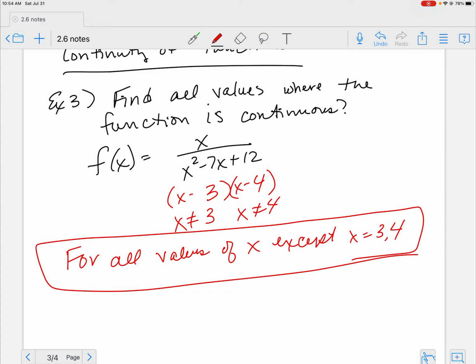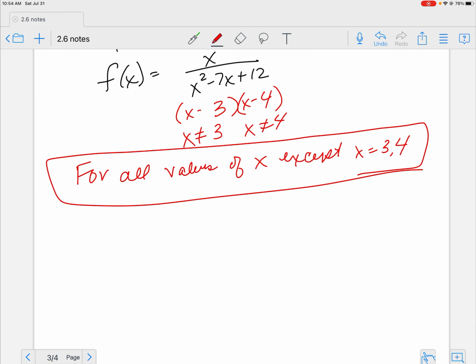I was looking here in the book real quick. I don't know if he uses set notation, which I don't know why not, but you could also use set notation and say all x values such that x does not equal 3 or 4. However you want to say that, that works. All right?